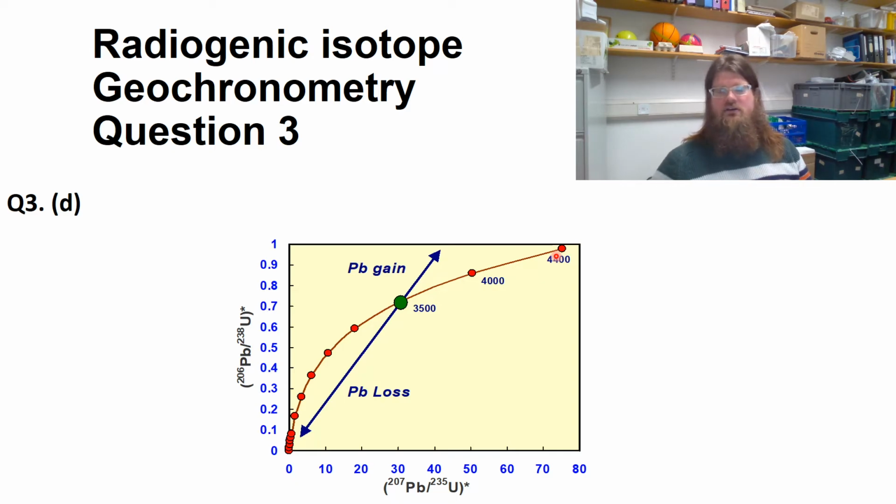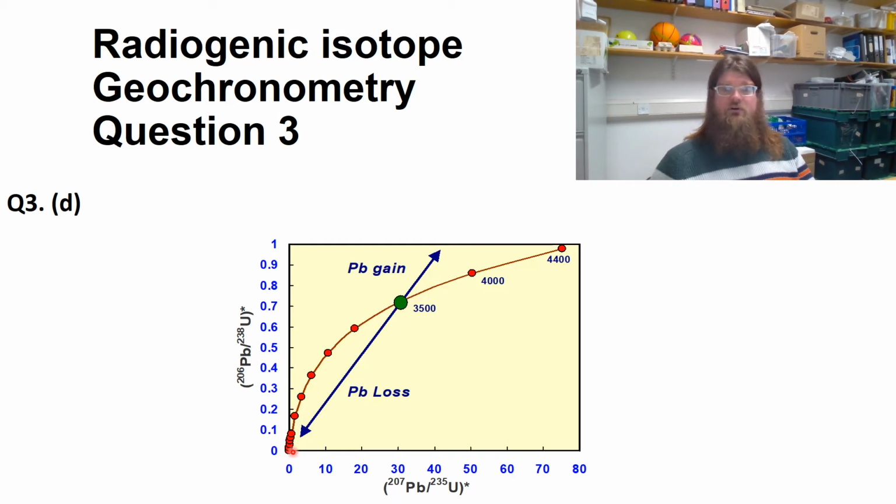Now, if for any reason we lose, let's say, uranium, so something leaches just uranium out, that will make these ratios go up because we're reducing the amount of uranium, so that will force us off in this direction here. If we gain uranium, it will force us back down towards the origin.